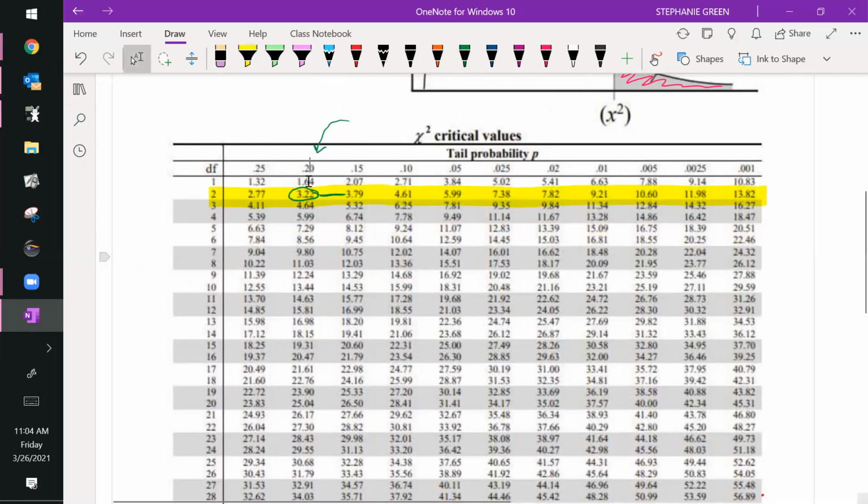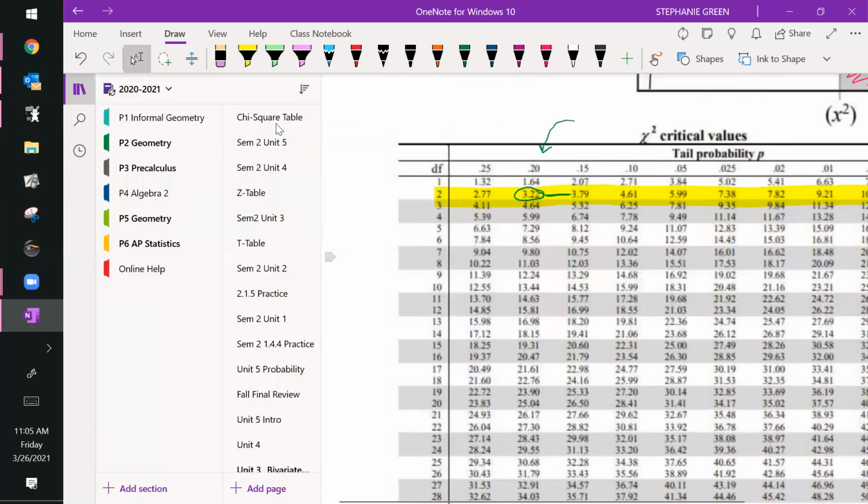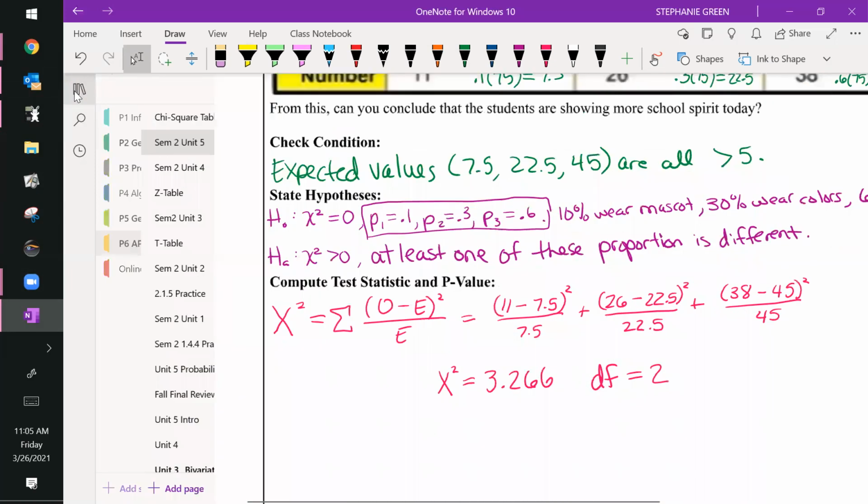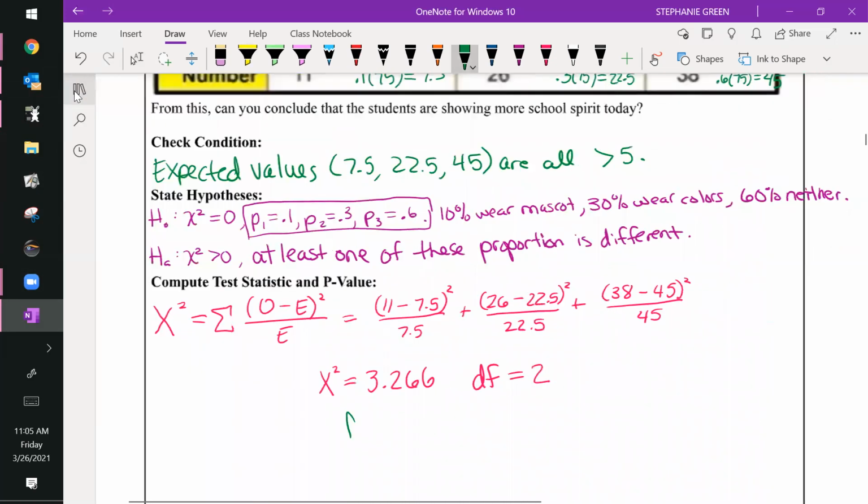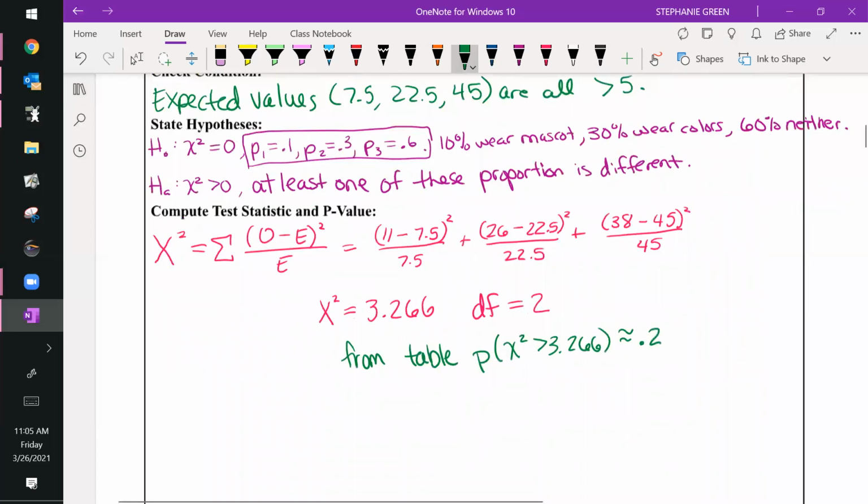So we'll say 0.2-ish. So from the table, our p-value, the probability that chi-squared is greater than 3.266, is about 0.2.